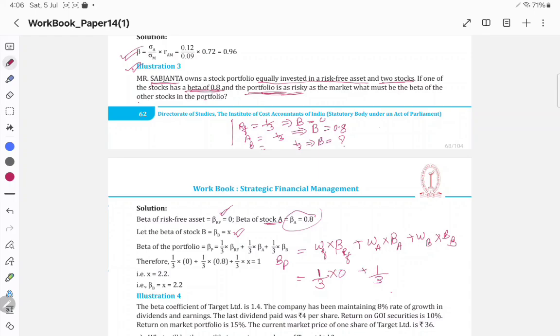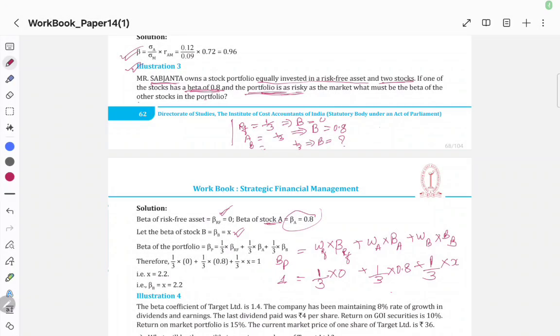The weight of A is 1 by 3, beta is 0.8. And the weight of B is 1 by 3, with beta assumed as X. And the beta of the portfolio is 1.